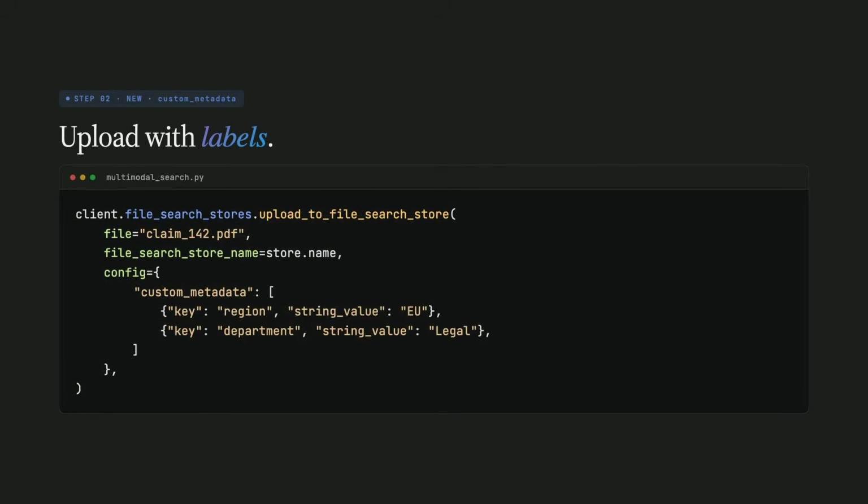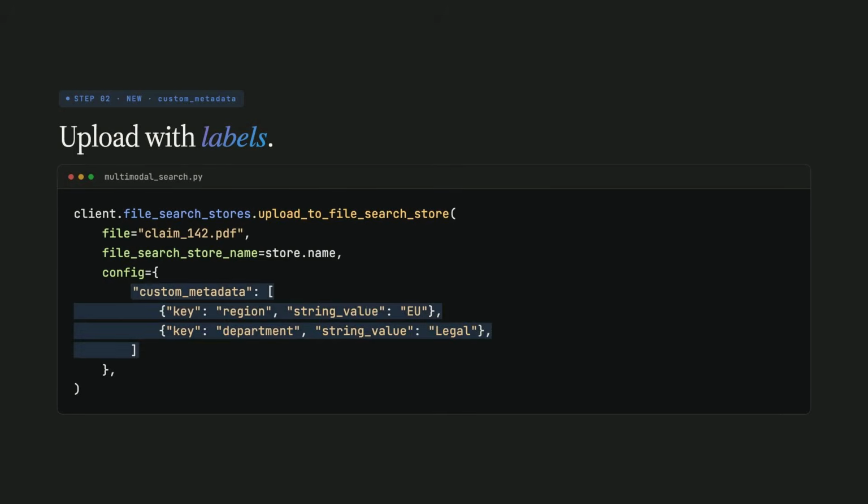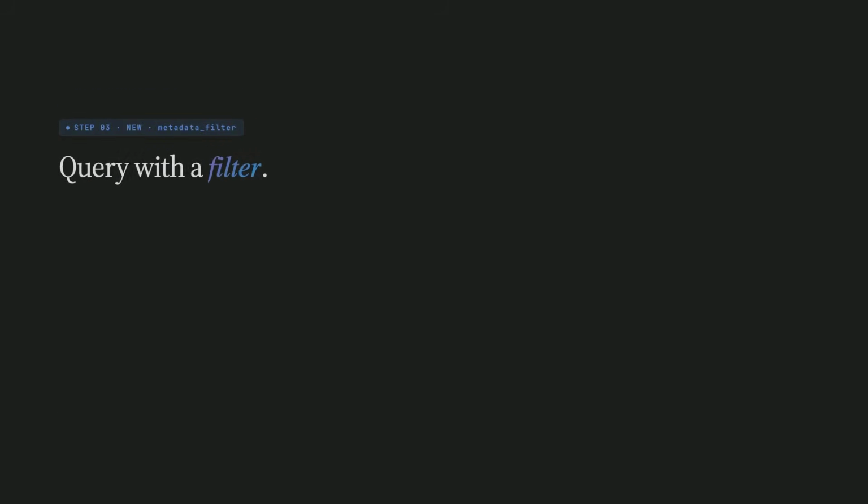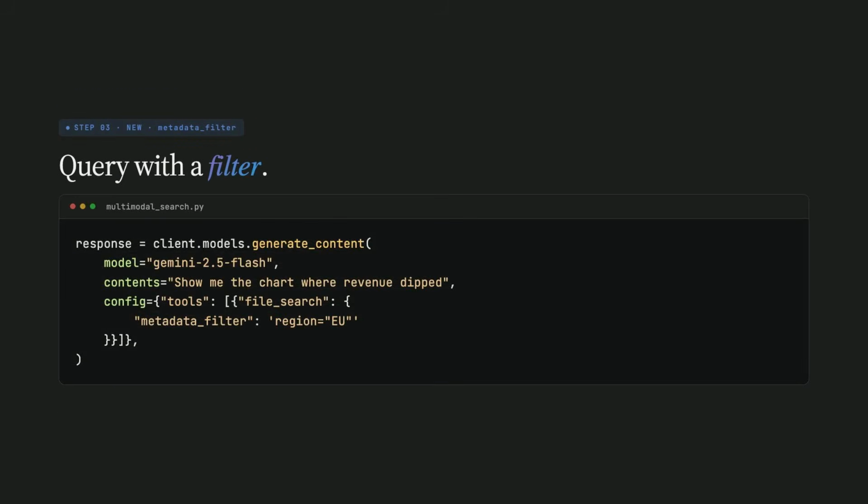Now, to attach metadata, you can pass a custom metadata dictionary on upload. So for example, department equals legal, or region equals EU. To query with a metadata filter, you set metadata_filter on the file search tool config, something like metadata_filter equals department = "legal".